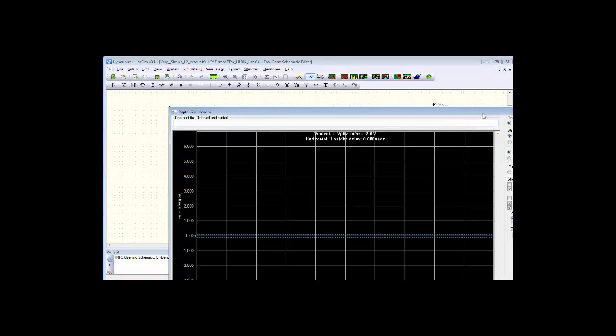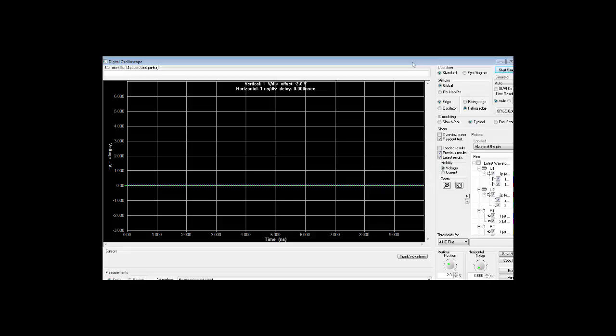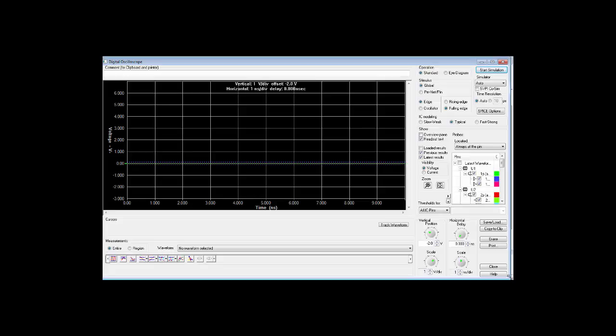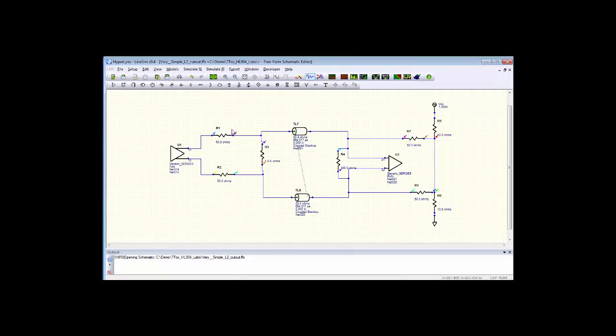So let me get this up so it's within the window. There we go. Should see everything. So I'm looking at U1. I'm not going to worry about U1. I'm not going to worry about U2. I am going to look at across R3.